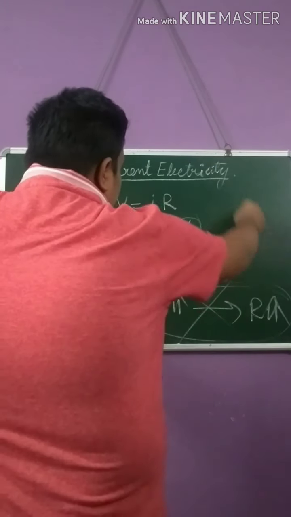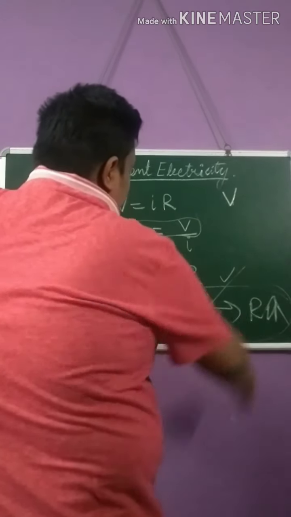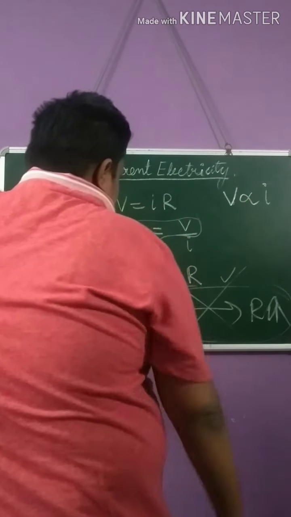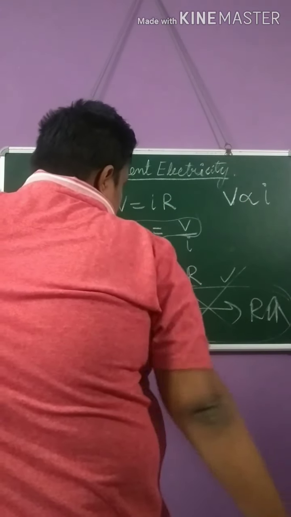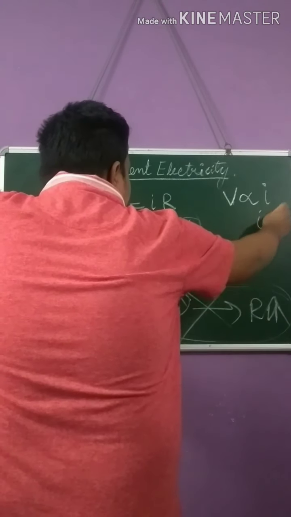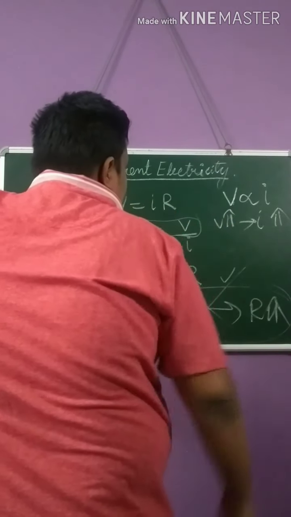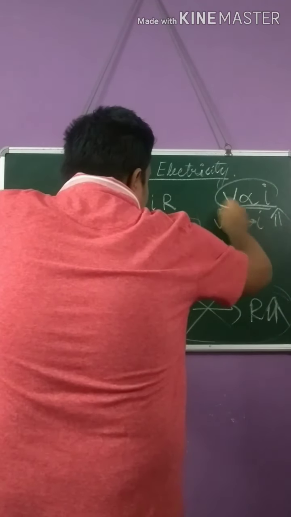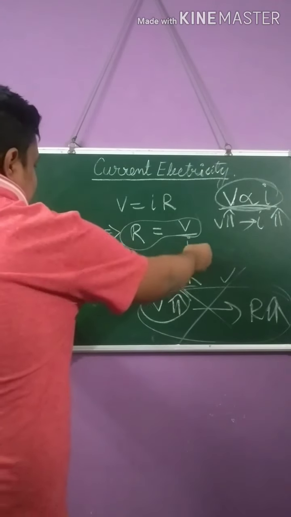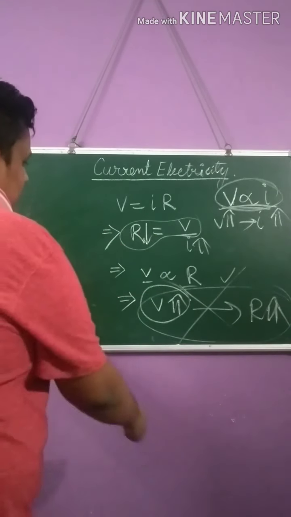From Ohm's law, what is the basic definition? It was that V is directly proportional to I. So as soon as you increase V, the potential difference, the current will also increase, because it is directly proportional. And when current is increased, what will happen to the resistance? It should have decreased.